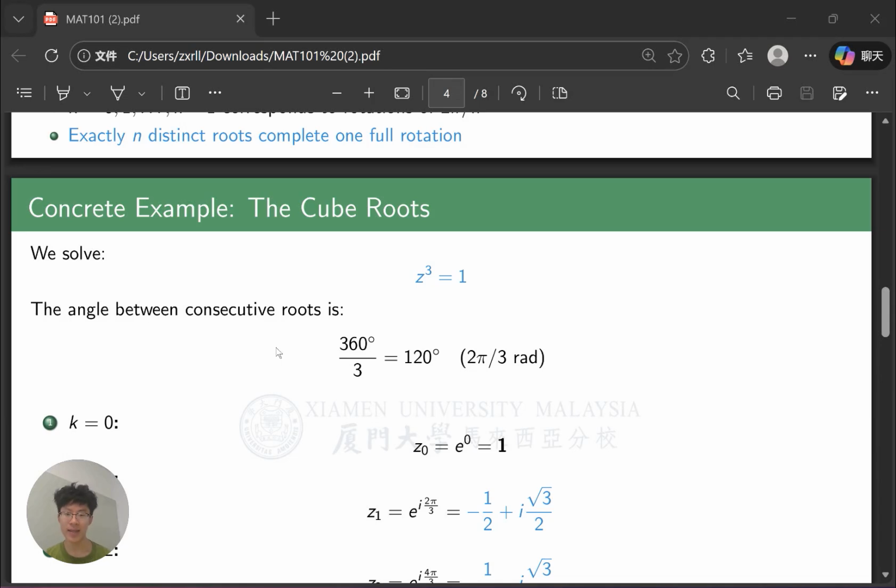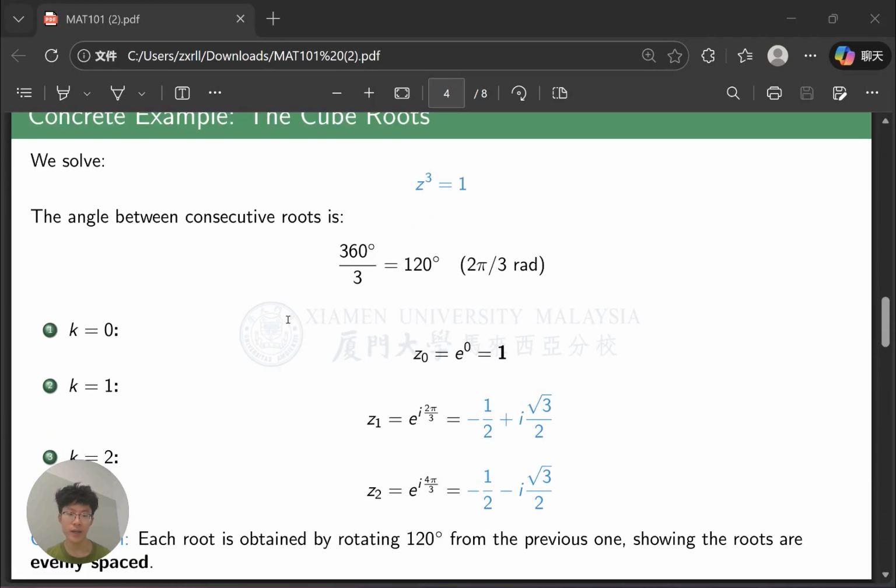This gives us an interval of 120 degrees, or 2 pi over 3, between each root. Let's calculate them one by one. First, when k equals 0, the angle is 0. e to the power of 0 is simply 1. This is the trivial root.